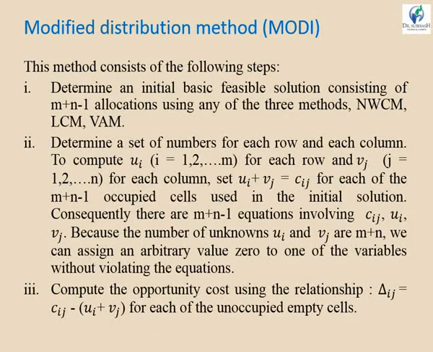Set ui plus vj equal to cij, where cij stands for the unit cost of transportation, for each of the m plus n minus 1 occupied cells used in the initial solution. What is an occupied cell? Where you have done the allocation in the table, the cell having the allocation is defined as an occupied cell.